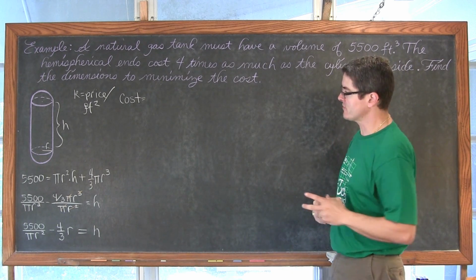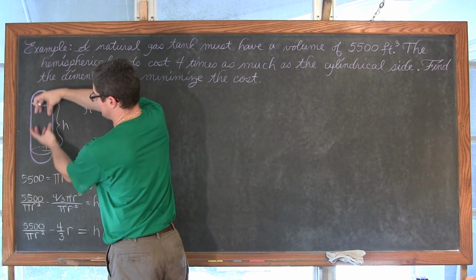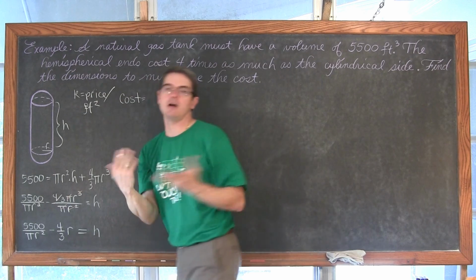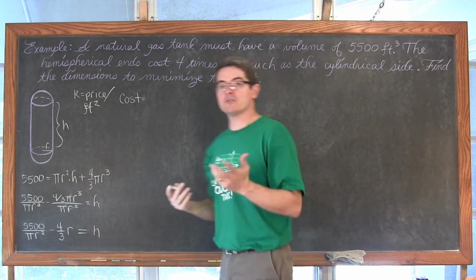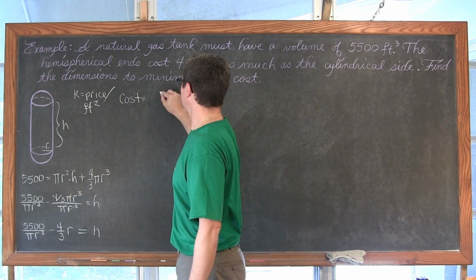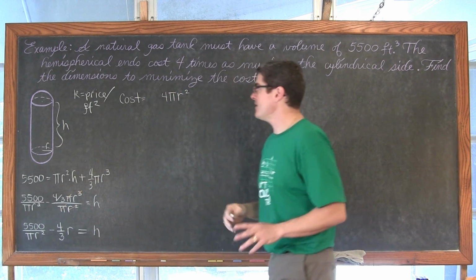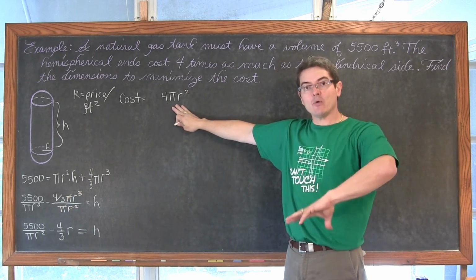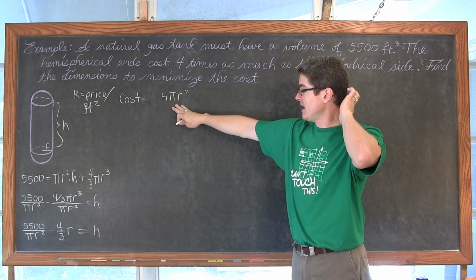So we're talking about surface area. If we take the center of this tank out and we just allow the two hemispherical ends to come together, we're talking about the surface area of a sphere. Now the surface area of a sphere is going to be 4 pi r squared.